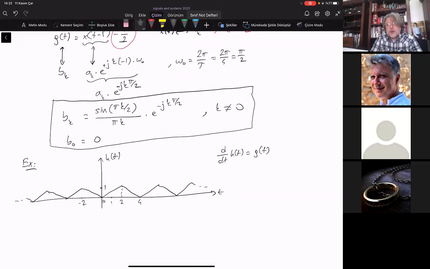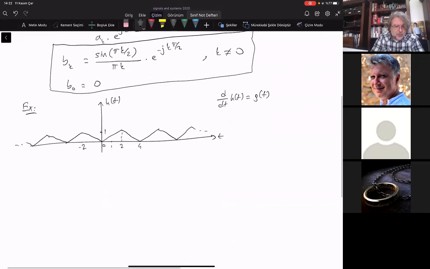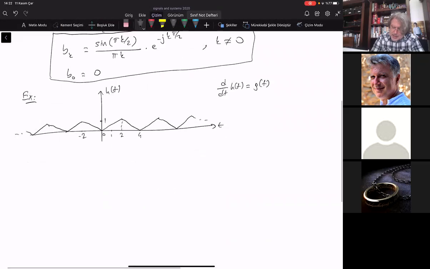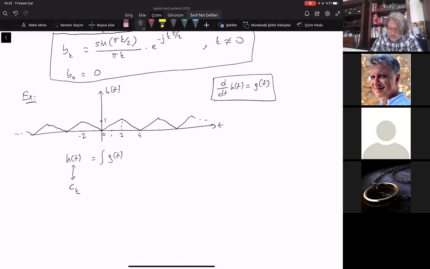So what are the Fourier series coefficients of this h of t? We are going to use a simple property saying that h of t will have Fourier series coefficients, let's say ck, which is the integral of g of t. I'm putting it like this. I'm not going to use tau, d tau, or anything. It's just the integral of that. Or you can also say it more properly using this.